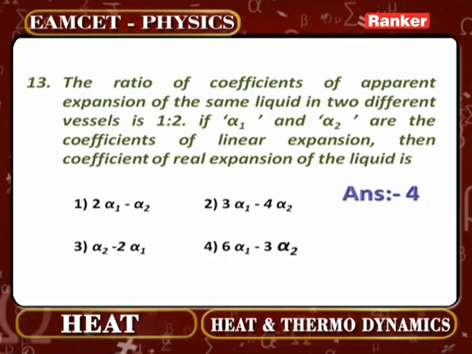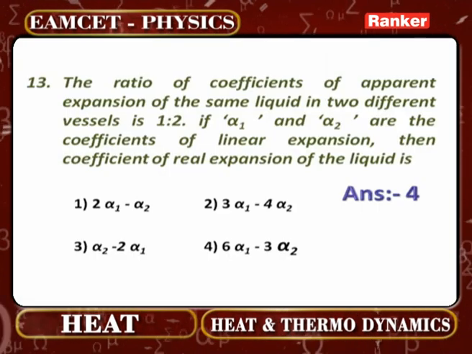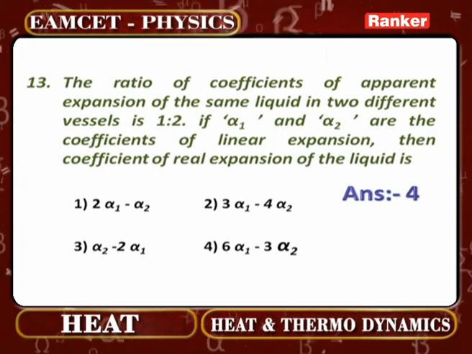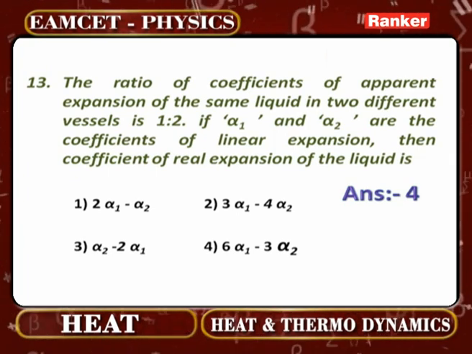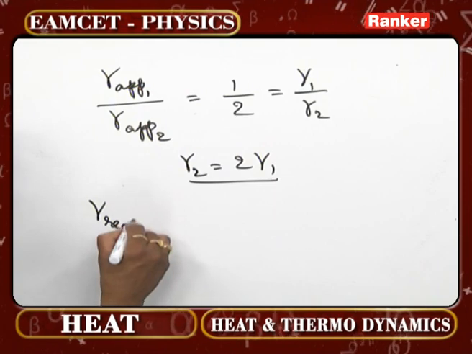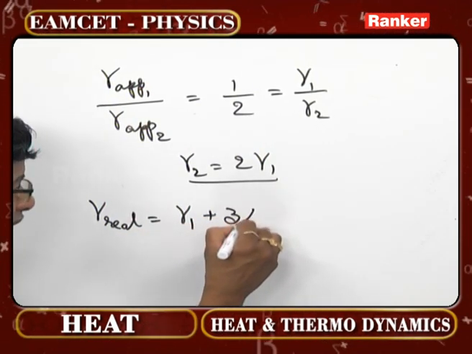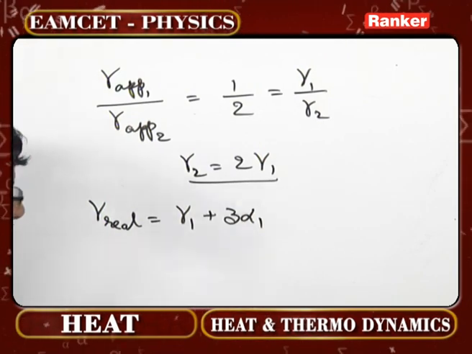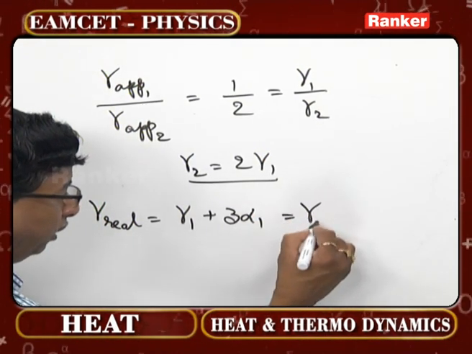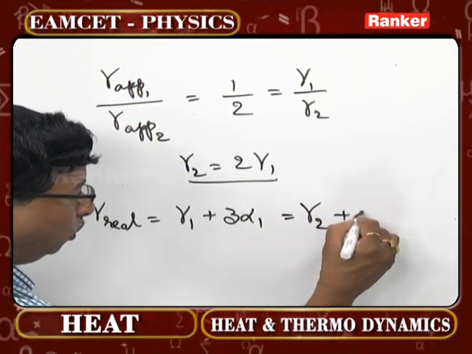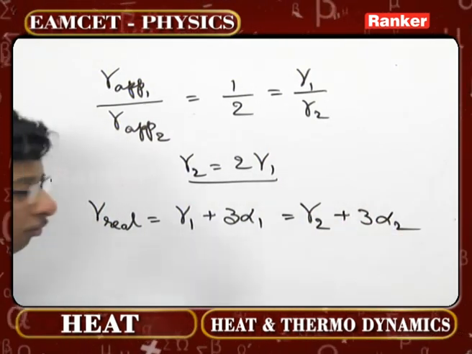If alpha 1 and alpha 2 are the coefficients of linear expansion, then what is the coefficient of real expansion of the liquid? Gamma real is equal to gamma apparent 1 plus 3 alpha 1 for the first vessel. That is also gamma apparent 2 plus 3 alpha 2 for the second vessel.